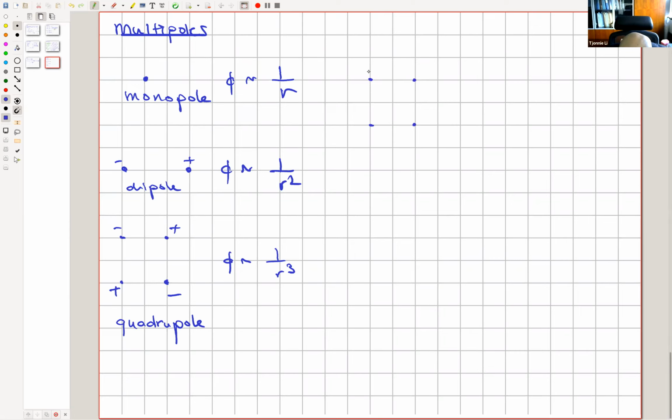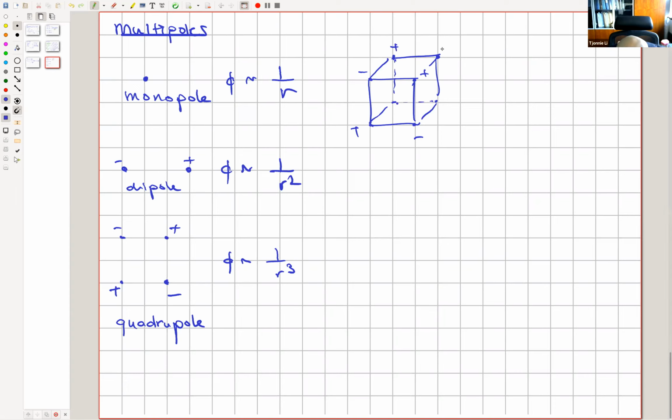So this is a quadrupole, and I'm stacking another quadrupole like this, fashion like this, and here.